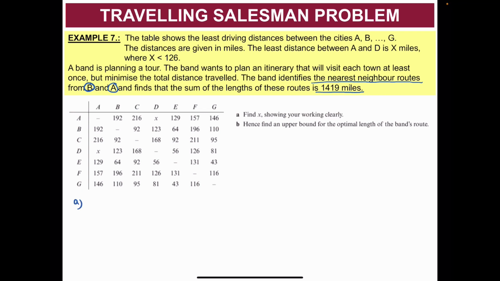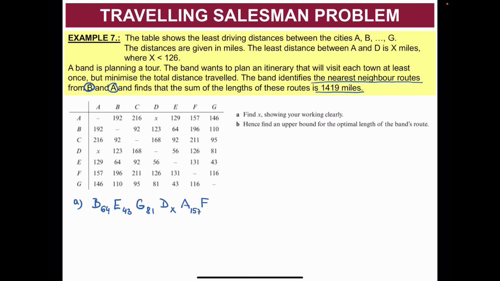If I start from B, then from B the nearest neighbor is E. From E, the nearest neighbor is G. From G, I'll go to D. Once I am in D, 56 is the shortest one, but I've already been to E, so I have to go to A, that is X. So from A, the nearest one is F, that is 157.